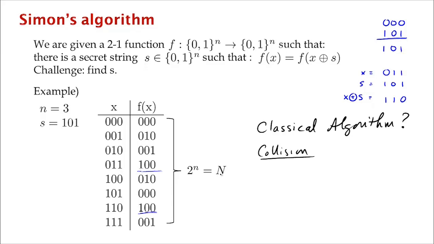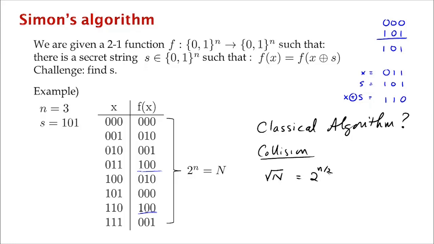How many x's do we have to sample before we see a collision? Well, by the birthday paradox, you can find a collision if you sample square root of 2 to the n of these values at random, which is 2 to the n over 2.